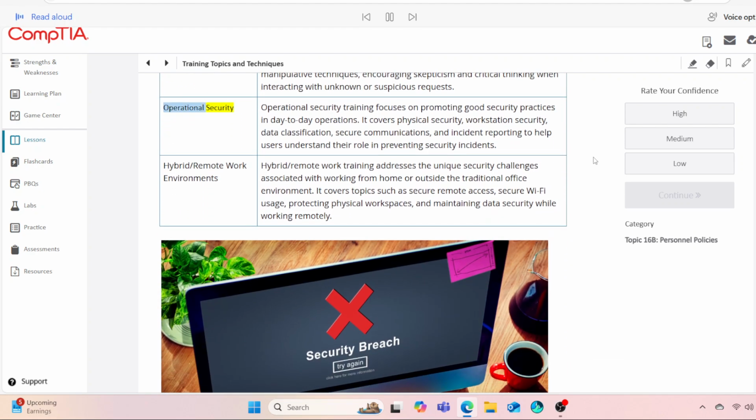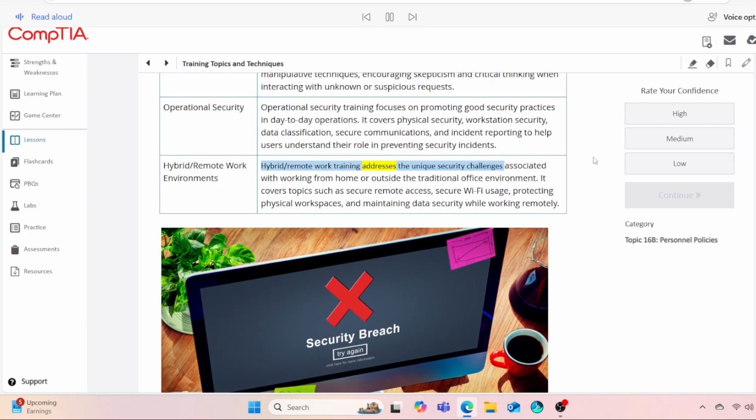Operational security. Operational security training focuses on promoting good security practices in day-to-day operations. It covers physical security, workstation security, data classification, secure communications, and incident reporting to help users understand their role in preventing security incidents. Hybrid/remote work environments.